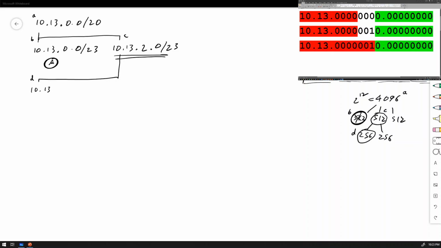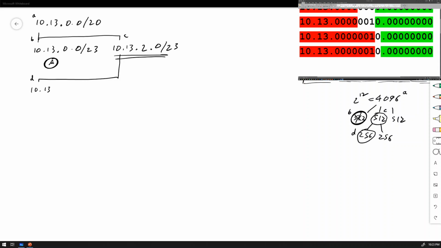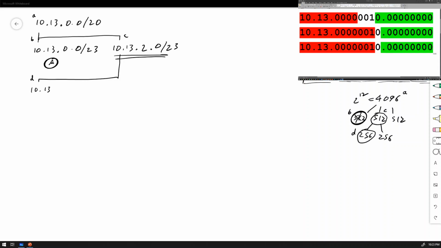Now to work with 256 hosts, I need 8 bits. So this bit would be basically no color, right? This is our subnet mask, and as you can see, this can be either 0 or 1. So this can be either 0 or 1, and now we are going to first work with this one, right?